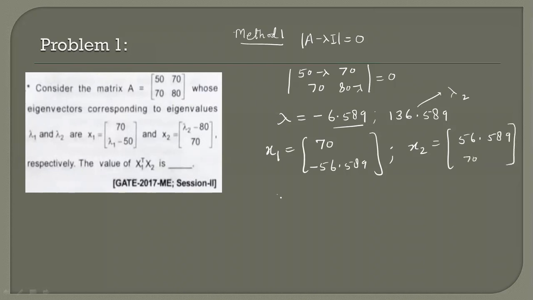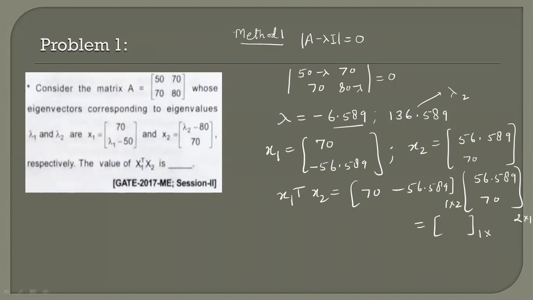If you multiply x1 transpose into x2, this is a 1 cross 2 matrix and this is a 2 cross 1 matrix, so the output will be a 1 cross 1 matrix, and you can see that the output is 0.